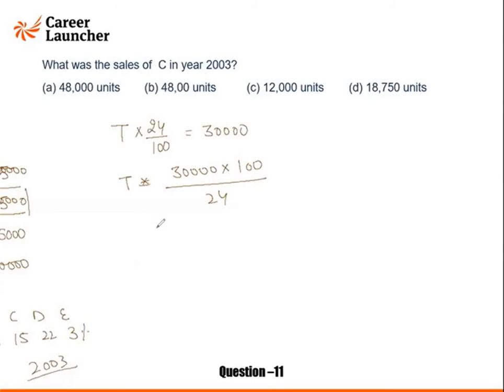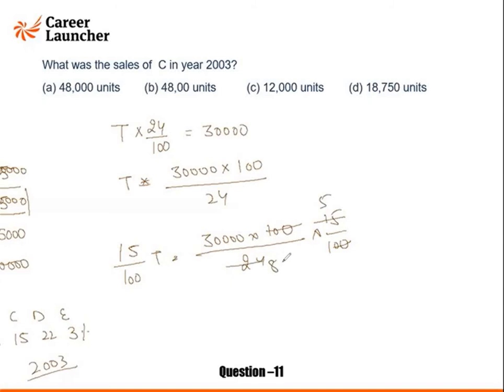So C's share will be 15 by 100 of T. That makes it 30,000 into 100 by 24 into 15 by 100. So simplifying it, we get 3750 into 5. The value will be 18,750. This will be the answer.